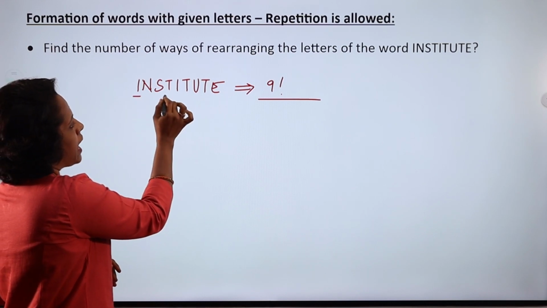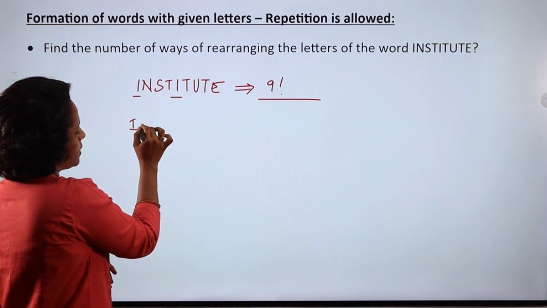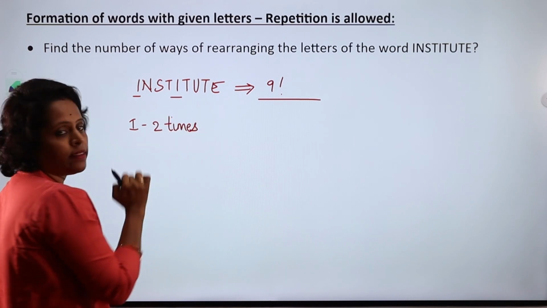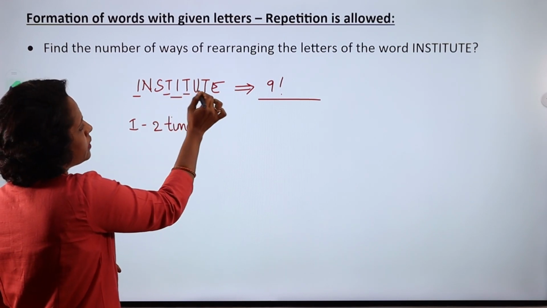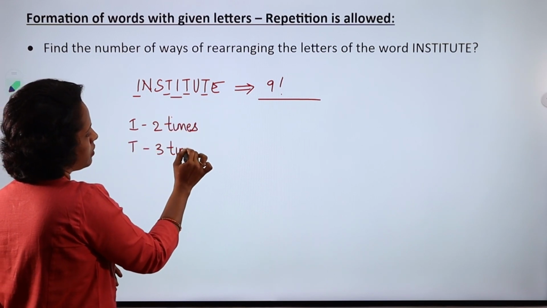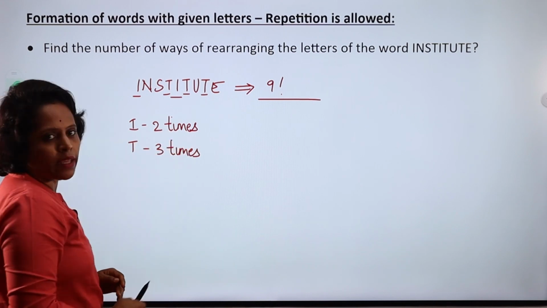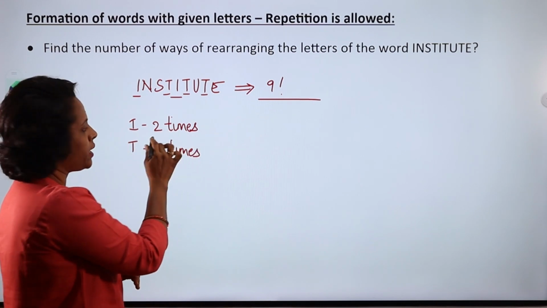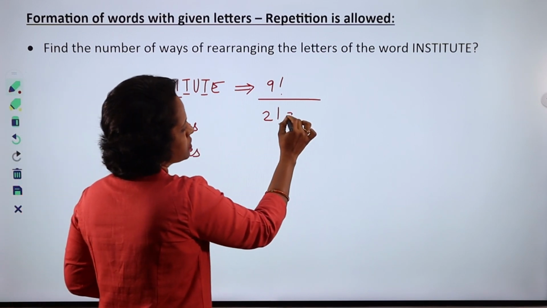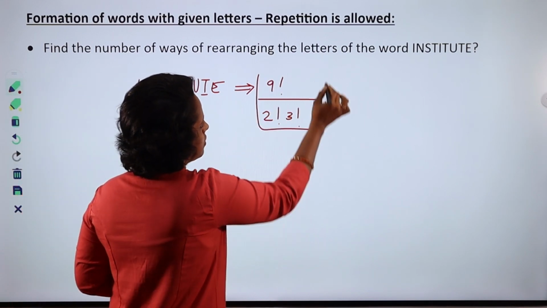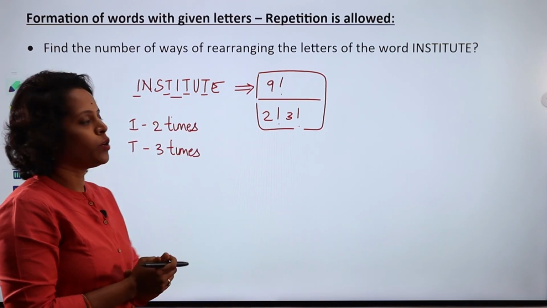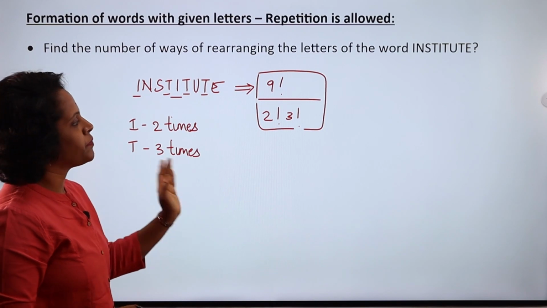Denominator: the letter I is repeated 2 times, and the letter T is repeated 3 times. So what goes in the denominator? 2 factorial, and since letter T is repeated 3 times, 3 factorial. This is going to be your answer. Don't get scared seeing the big word. It is very simple.